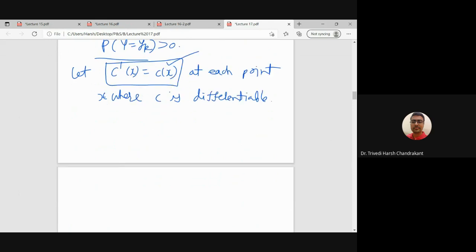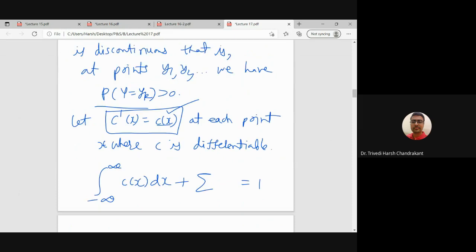So what we mean here is that the integration of the density function is 1 when we have a continuous random variable, and at each point where it is discontinuous, if we add all those probabilities, that is 1 if the random variable is discrete, right?